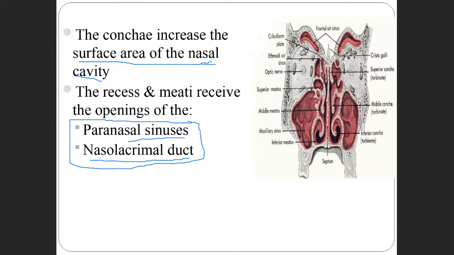So you find out where the nasolacrimal duct is present. Find out and tell me in the lab.